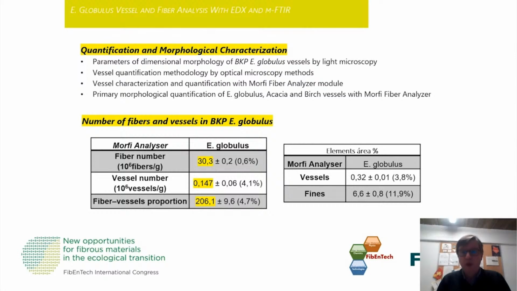In terms of area, the surface area on the pictures, the vessels were around 3.8%, and fines close to 12%.